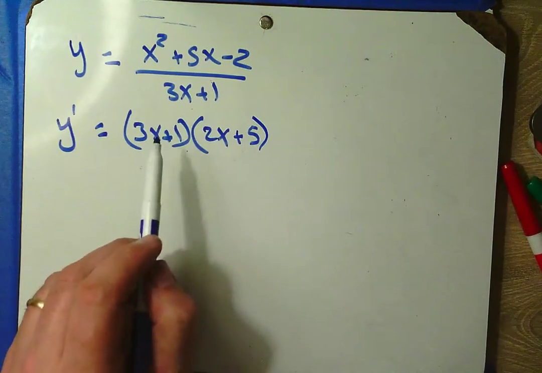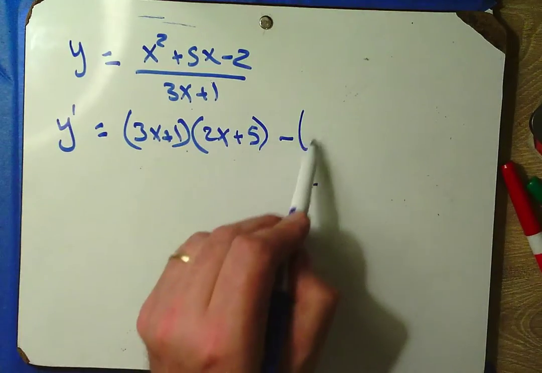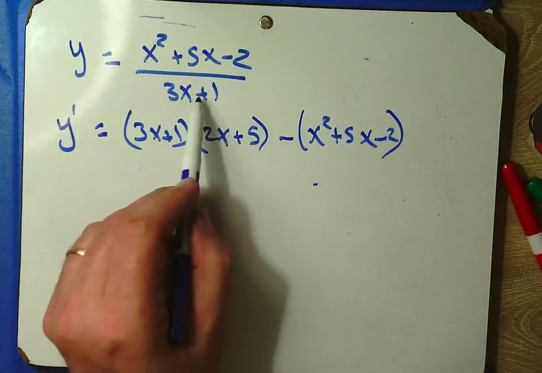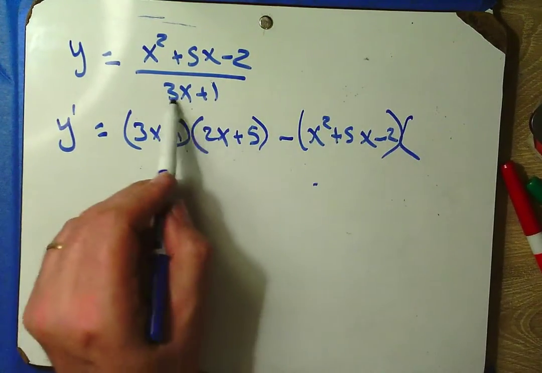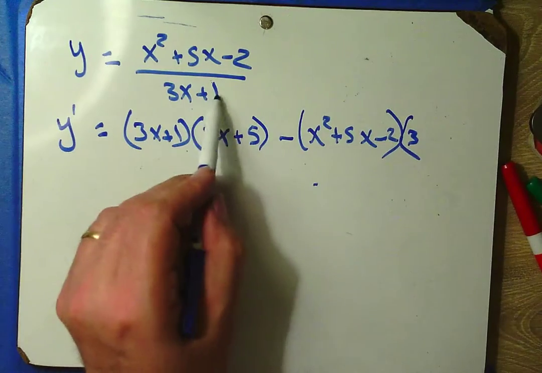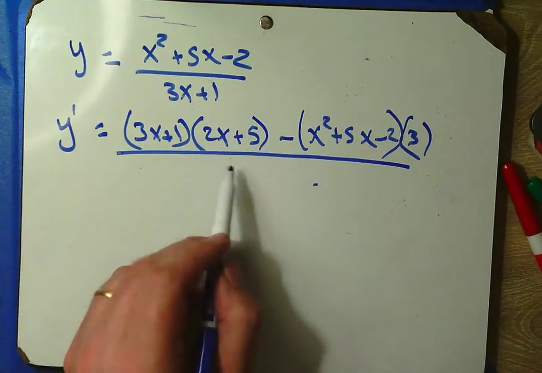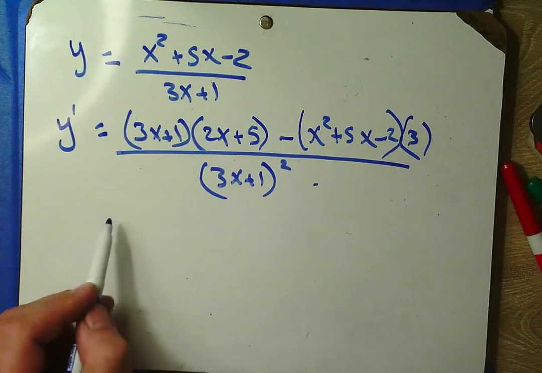So we just did low d high minus, now we need high, x squared plus 5x minus 2. D low, we need the derivative of this bottom function. The derivative of 3x is 3, and the derivative of a constant is 0. So we just have 3. All over, don't forget, low squared.